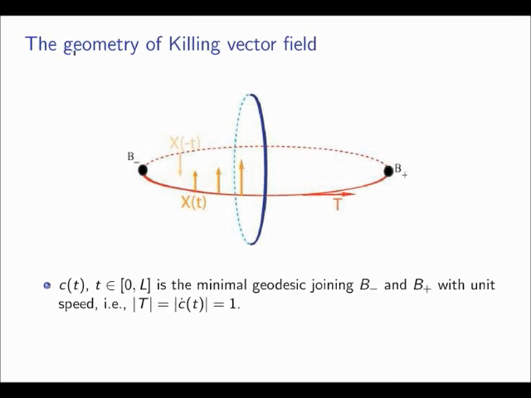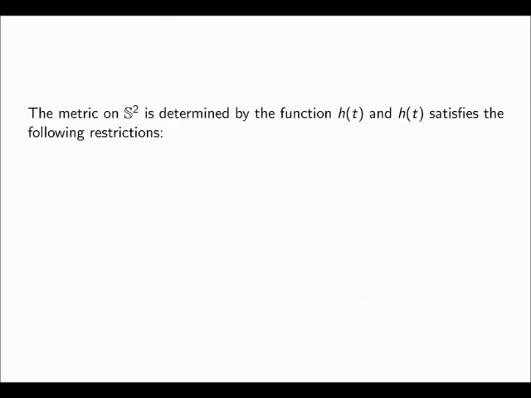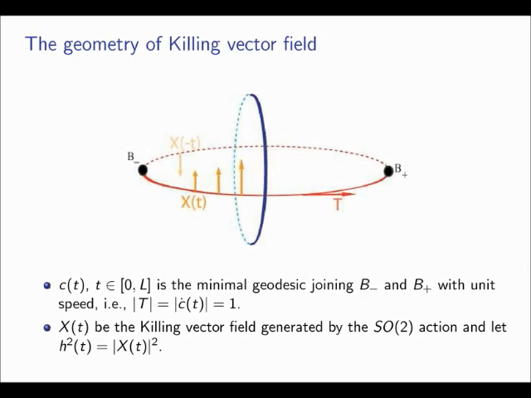Okay, then we look at the curvature property. So you have this special vector field. This one is called the Killing vector field, and you can look at this Killing vector field as a function along this interval.